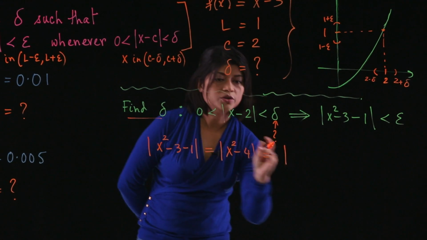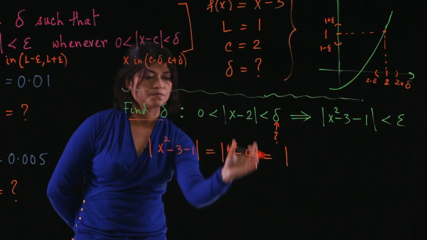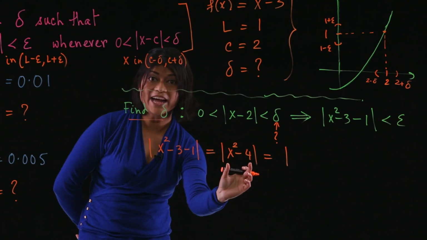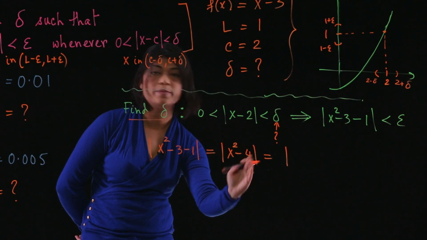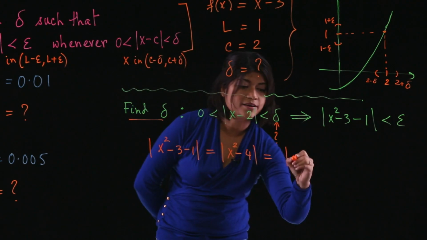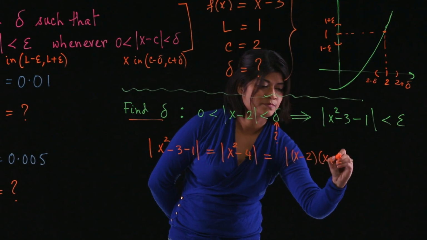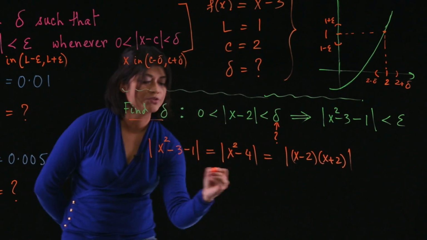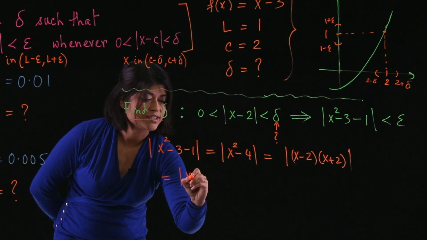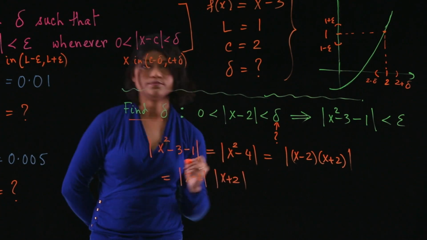Notice that we need to get absolute x minus 2 from here. Do we have it? Of course we do. It's the difference of two squares, x squared minus 2 squared. If you break it apart, it becomes x minus 2 times x plus 2. Now we can split it into two different absolute values: absolute x minus 2 times absolute x plus 2.